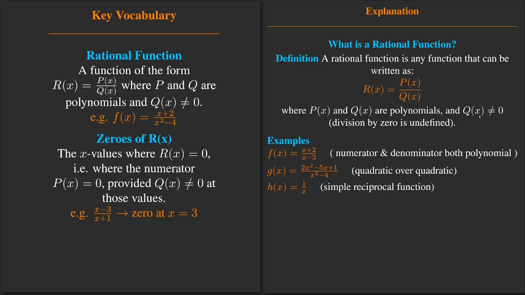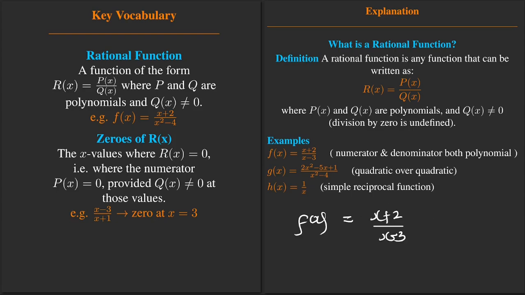So any function where both the numerator and the denominator are polynomial functions, we can say that is a rational function. For example, if we take f of x is equal to x plus 2 all over x minus 3.